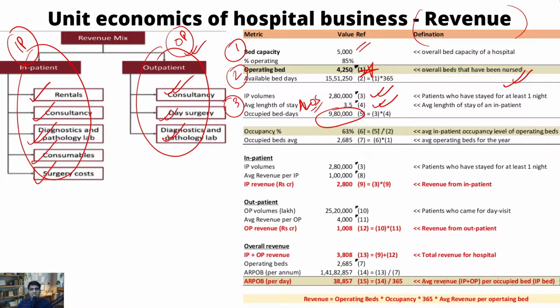So my total occupied bed days comes out to around 9,80,000. This versus my available bed days, which is how many beds were operating into 365 days. That gives me my occupancy number, that 63% of my available beds were occupied in a particular year. So this is the fourth metric, occupancy, which is important.